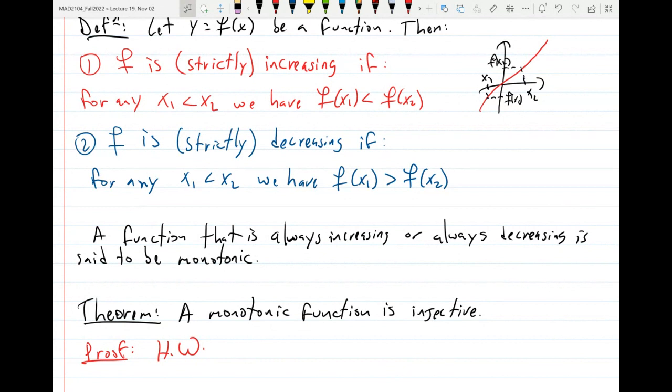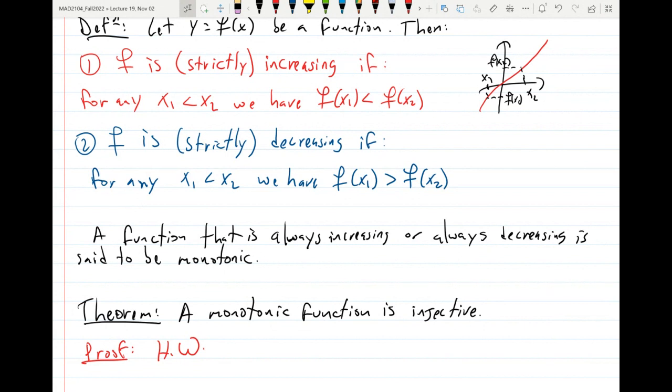Well, you need to assume that you have 2 different inputs, right? So let's show that it is increasing. Assume that it is increasing. Okay, let x1, x2 be inputs such that x1 is different than x2. In particular, one is less than the other, right? Let's say x1. Doesn't matter. If it's x2, you just switch the indices. So then, because they are different, one has to be less than the other.